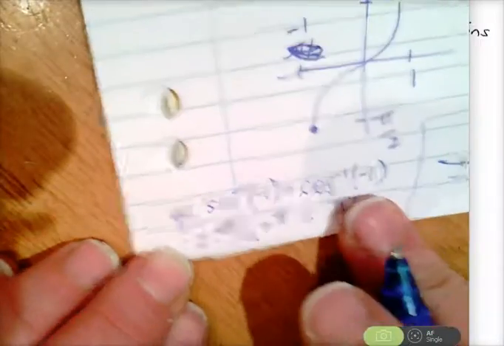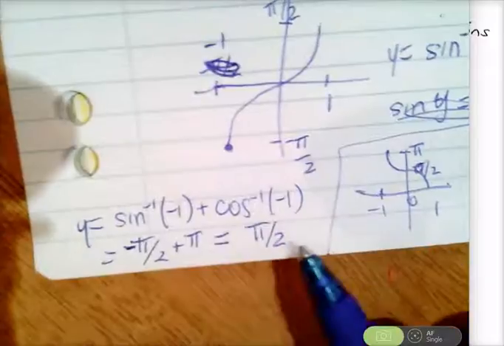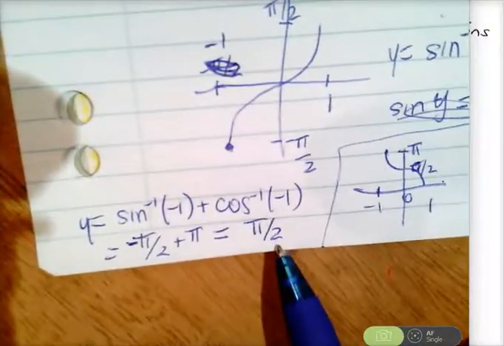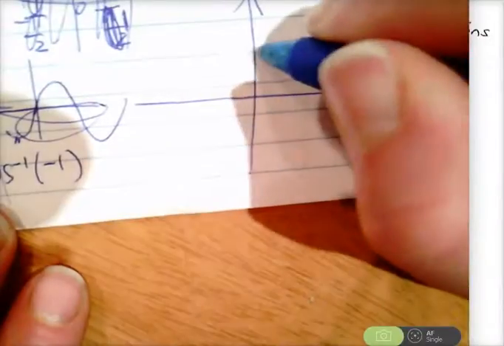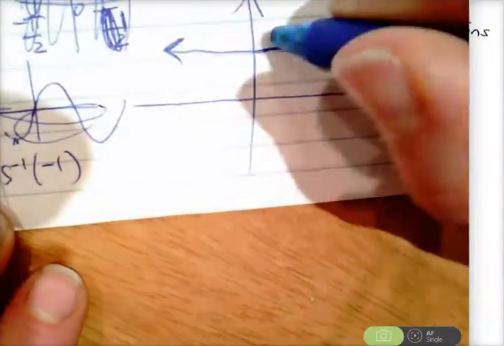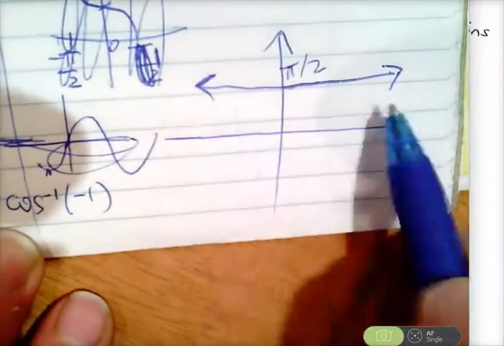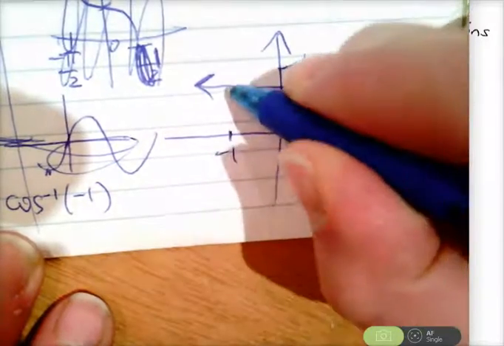So we know that the gradient of the curve is constant, it's always 0. And we know that when x is -1, y is pi on 2. So your curve is going to be y equals pi on 2. That's what your graph's going to look like. It's got a gradient of 0, and when x is -1, y is pi on 2.